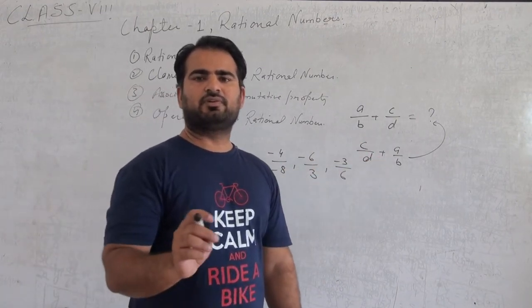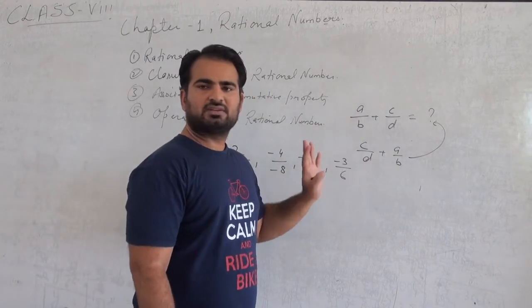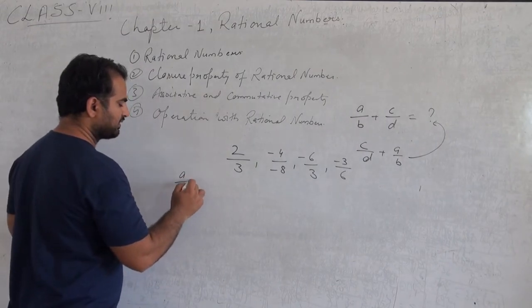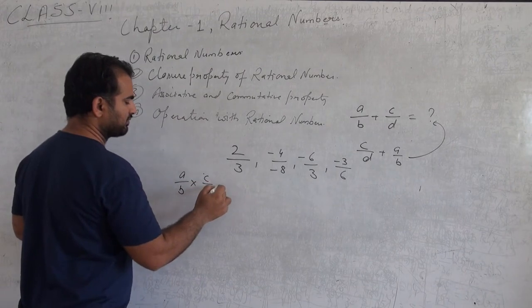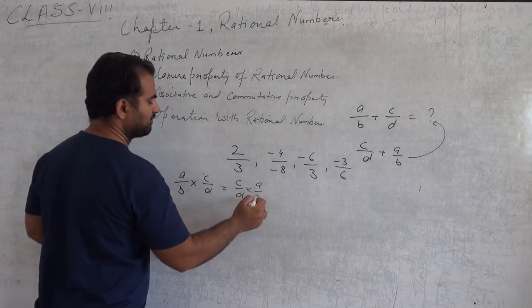So while adding and multiplying, we know that the answer will be the same. So we can say that a upon b into c upon d equals c upon d into a upon b.